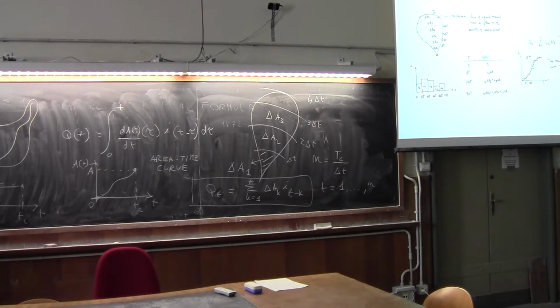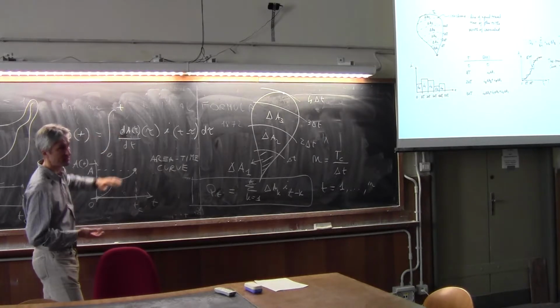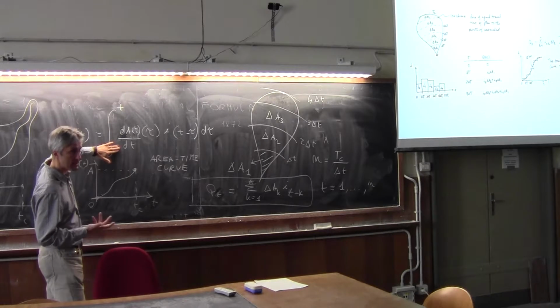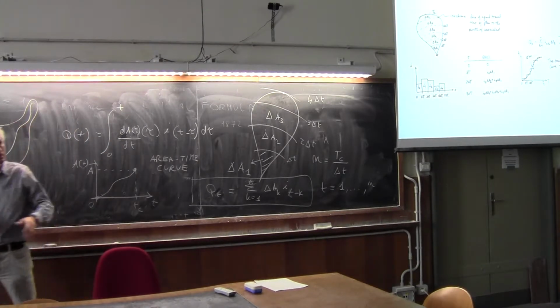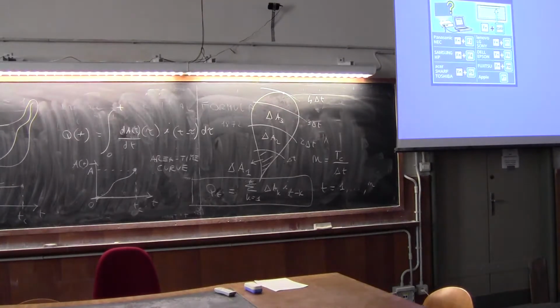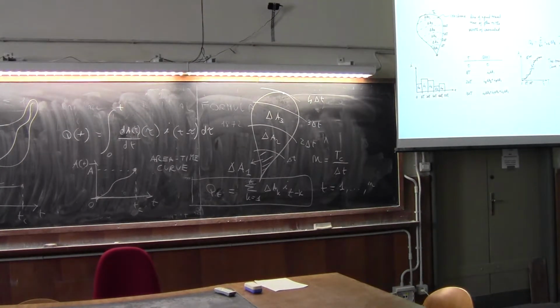So it's interesting because here this becomes a constant. The derivative of the area over time becomes a constant. It's an interesting case, it's simple. And actually, for many catchments, it's an approximation that works fairly well.